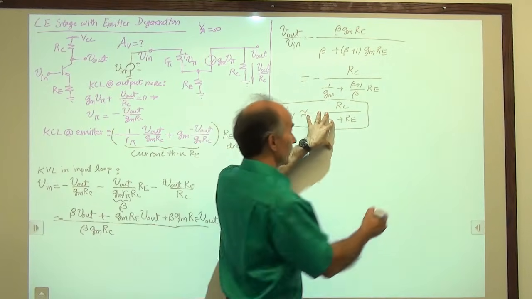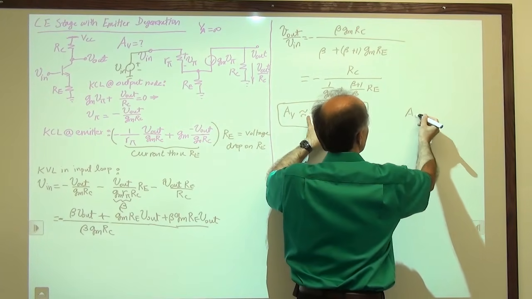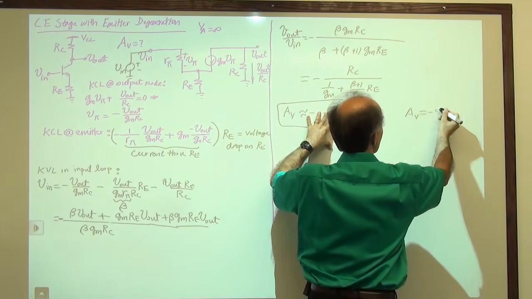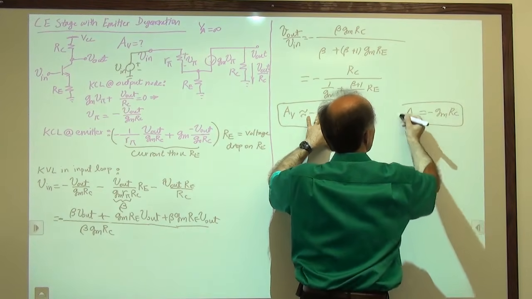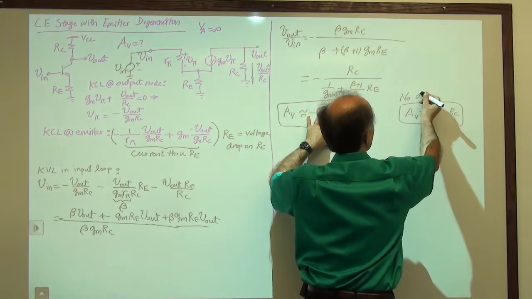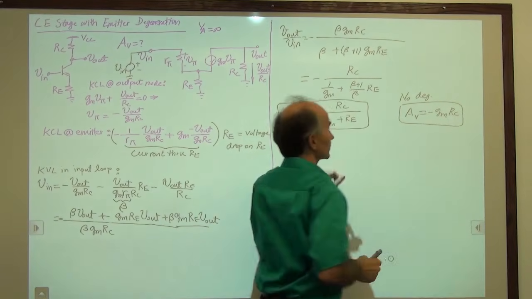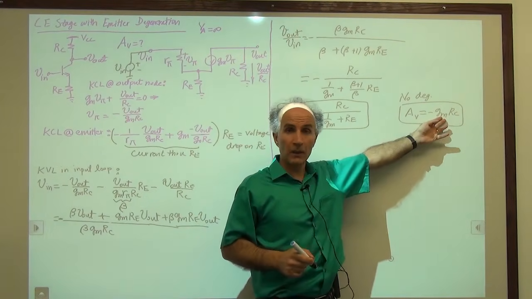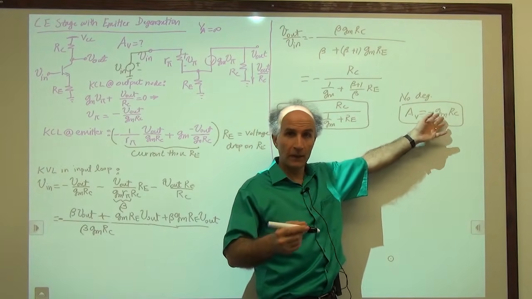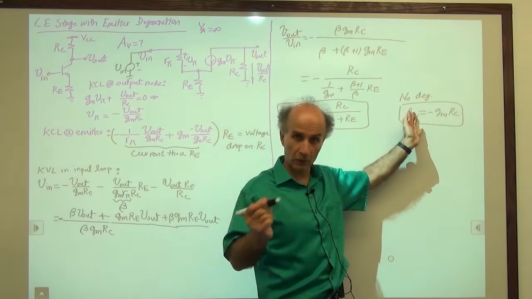Compare this with AV equals minus GM RC. So this is no degeneration, right? So we see that here, if GM changes by 50%, the gain changes by 50%, no question.